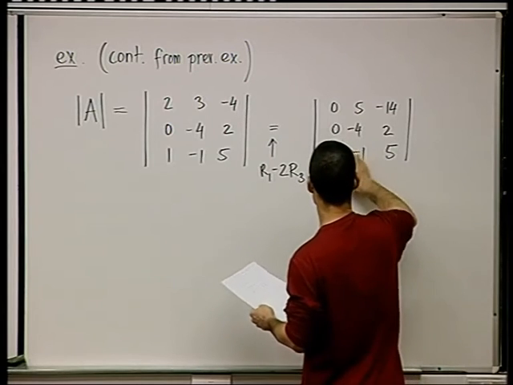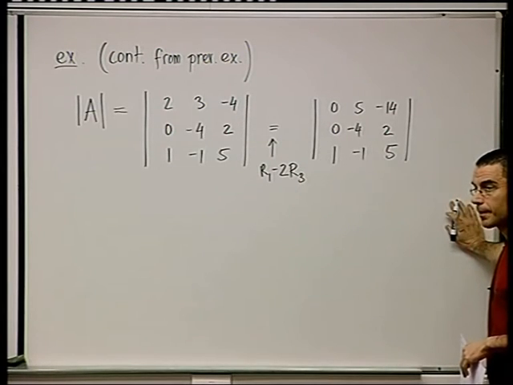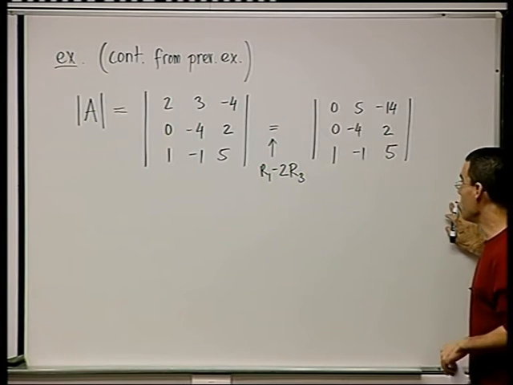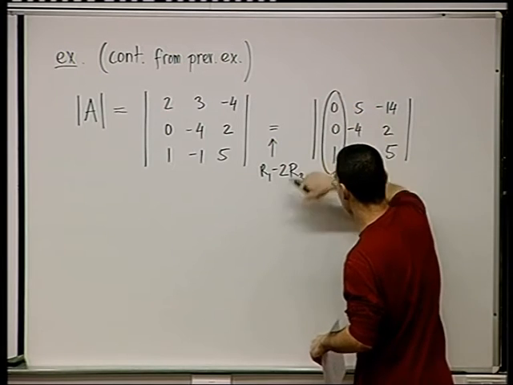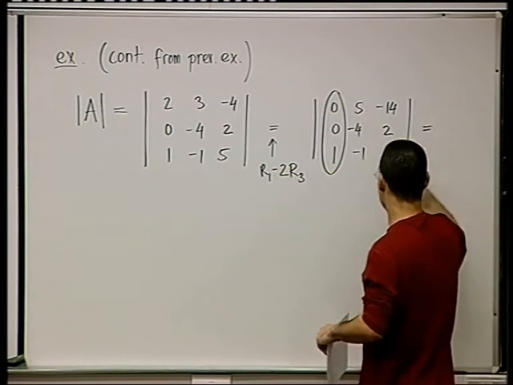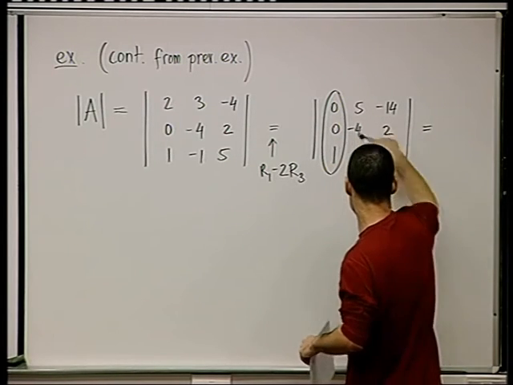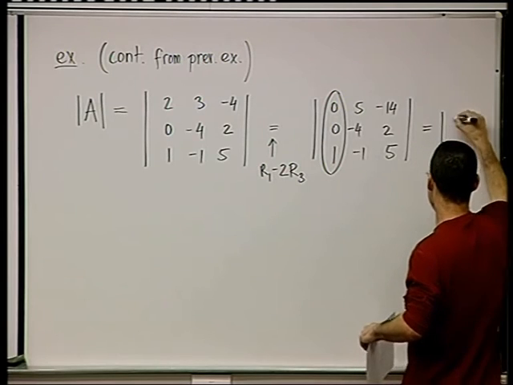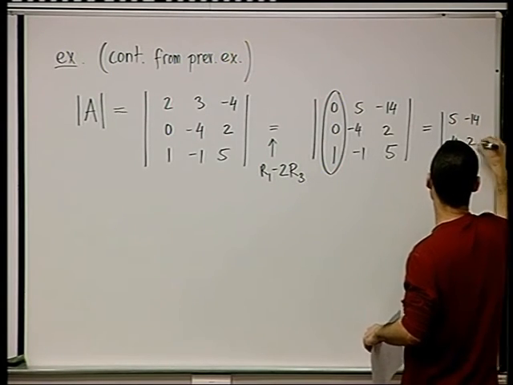Now I'm going to choose this column. That was the motivation for doing this move. I'm going to use this column to develop it. So I only have a 1 here, and it comes with a plus sign. 1 times this minor. So I just get 5, negative 14, negative 4, 2.